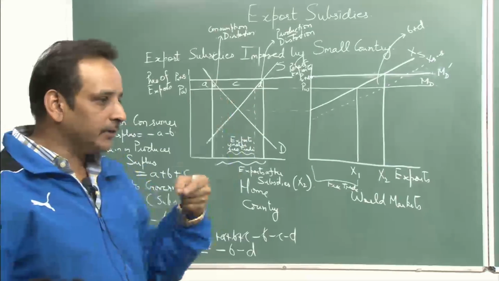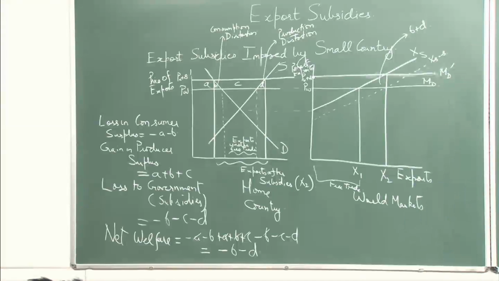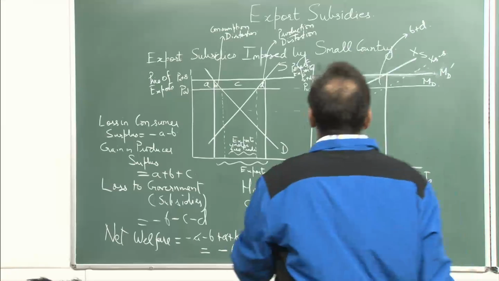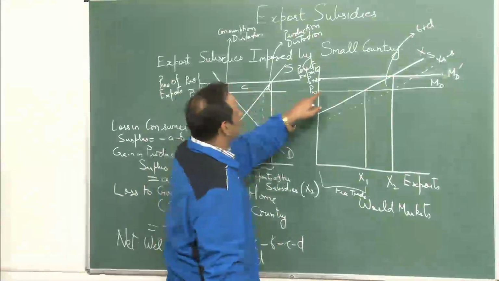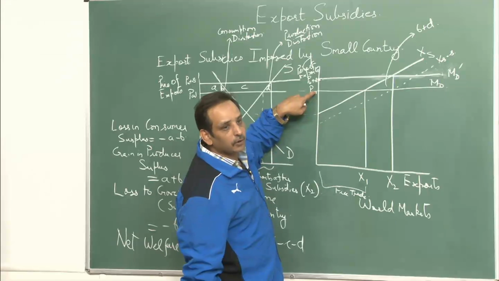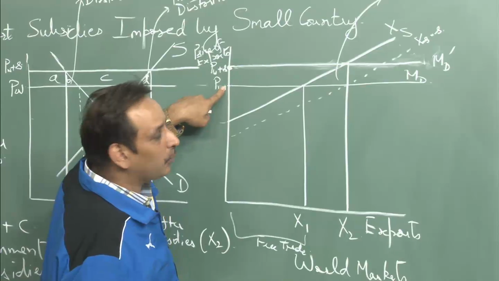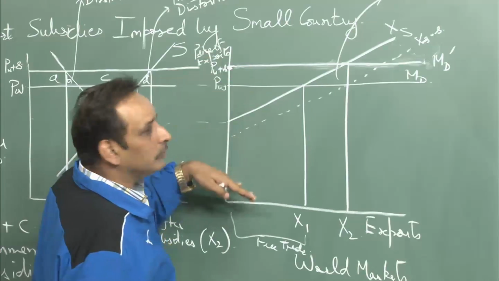If I am supplying products, in the case of tariffs, I get a lower price. Here you are supplying this product, so the buyers will buy the product at PW. This is for a small country. You will see for a large country, the price of exports will go down.